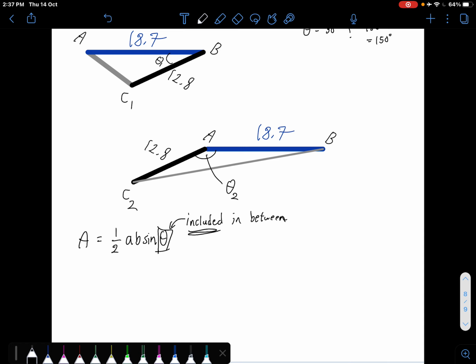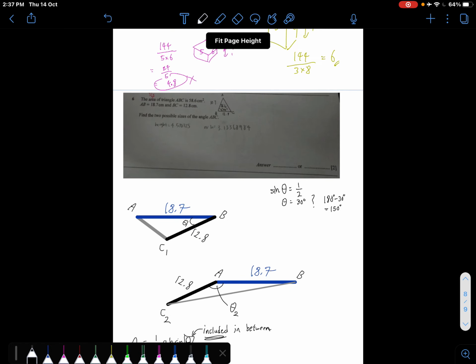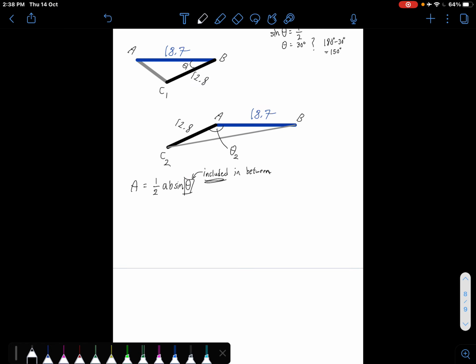So in this case, we know that the area of the triangle is 58.6. So 58.6 is equal to half times A, which is 18.7, B, which is 12.8, order doesn't really matter, multiplied by the sine of theta. What do you think we want to do with this theta now? Solve for theta. Okay, very good.